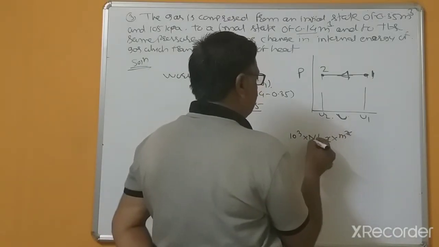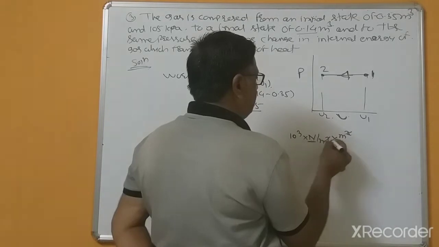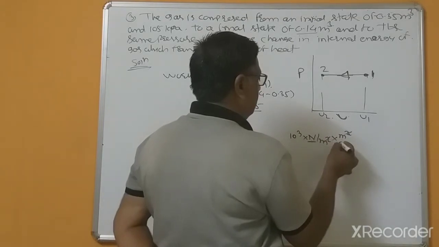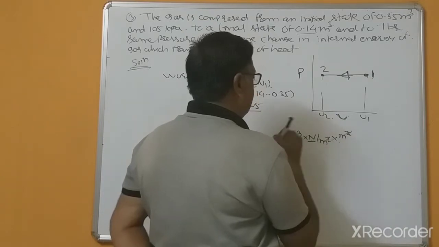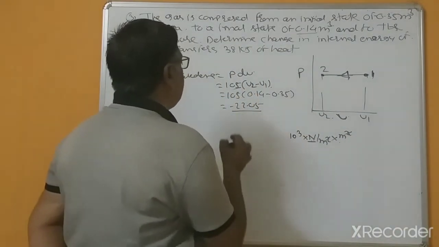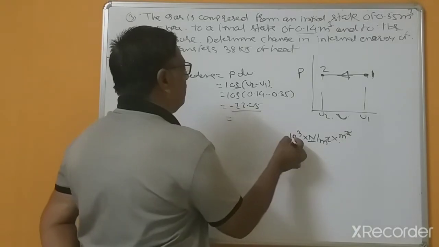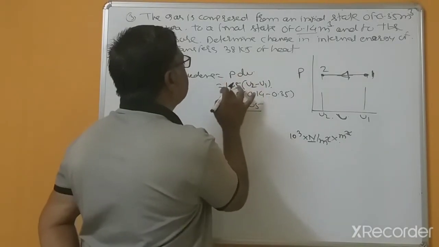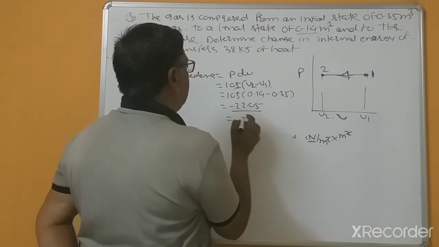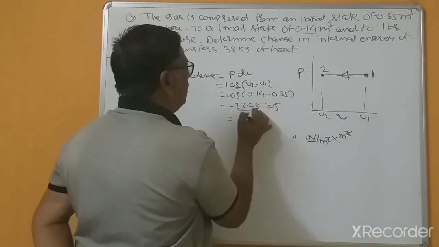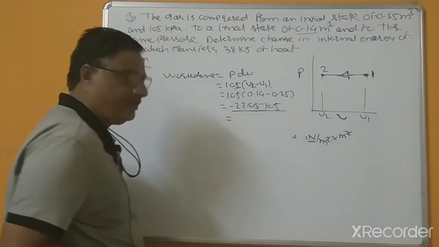This will get cancelled, and this is Newton meter, meaning work done equal to kilojoule, because this is kilopascal, so that's why this is kilojoule, right?